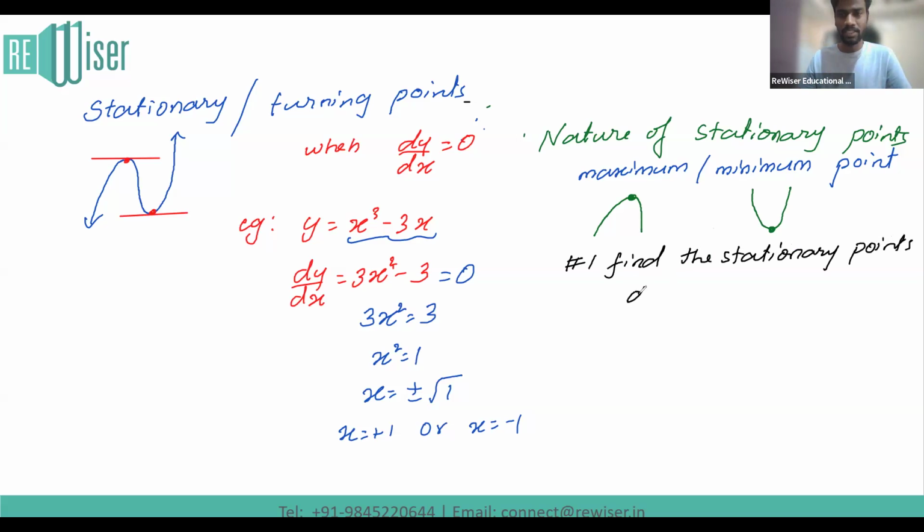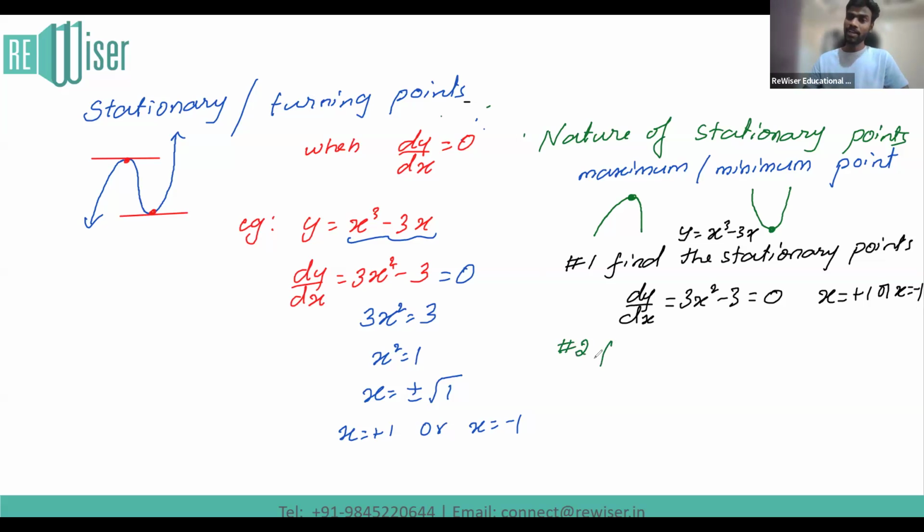For the same question, y equals x cubed minus 3x, dy by dx is 3x squared minus 3. When I equate it to 0, I get x equals positive 1 or x equals negative 1. These are the stationary points. And this is what we call the second derivative test. So step number 2 is to find the second derivative.